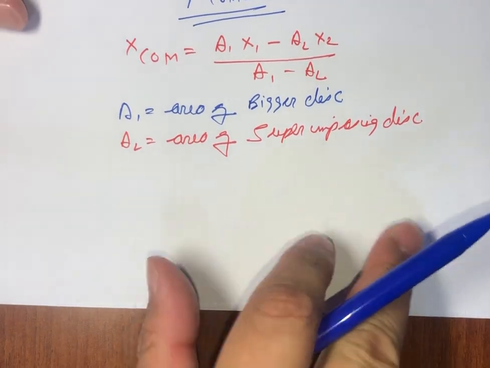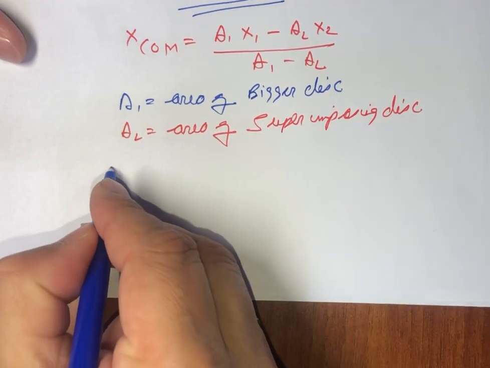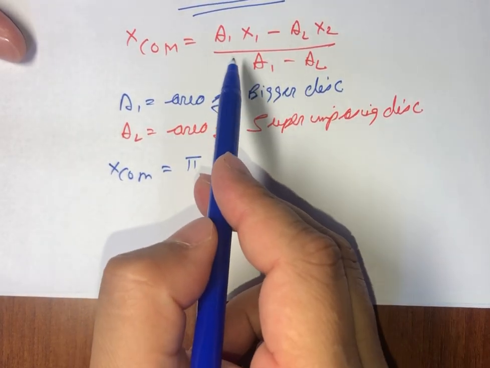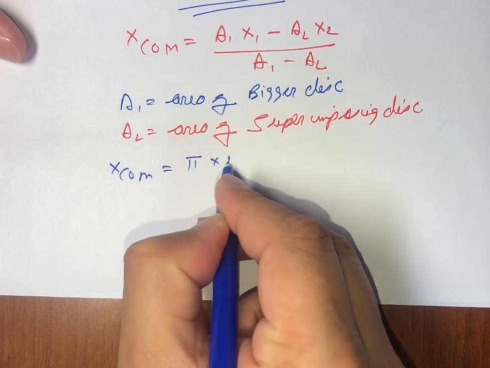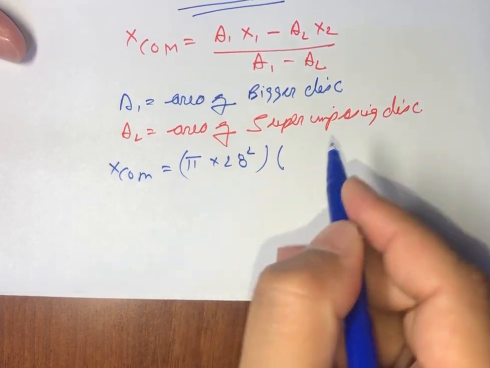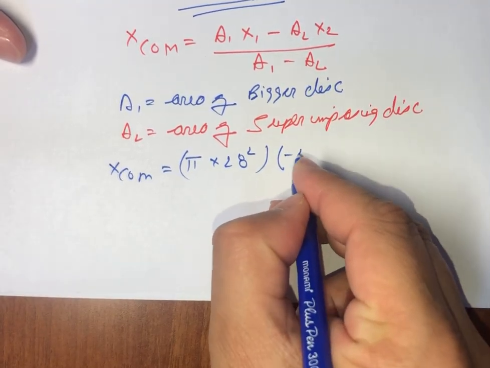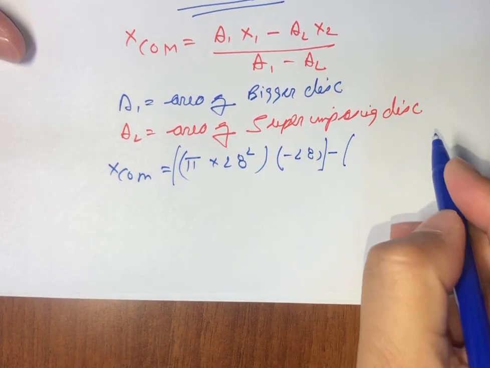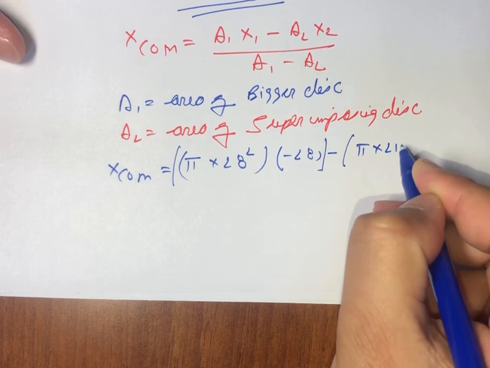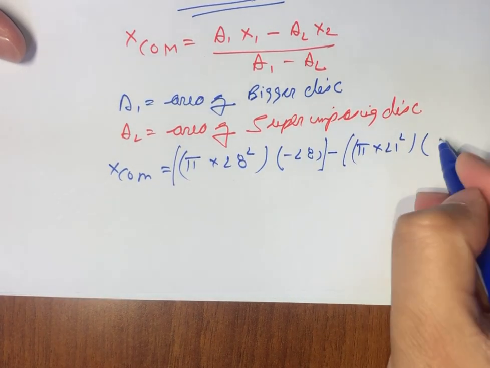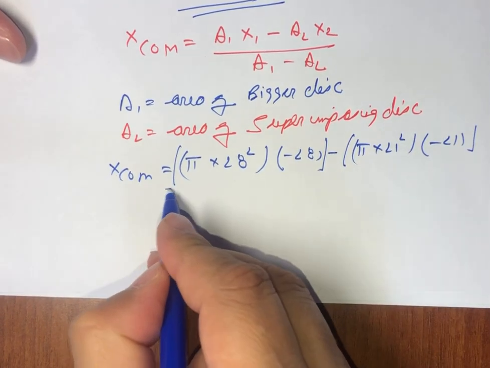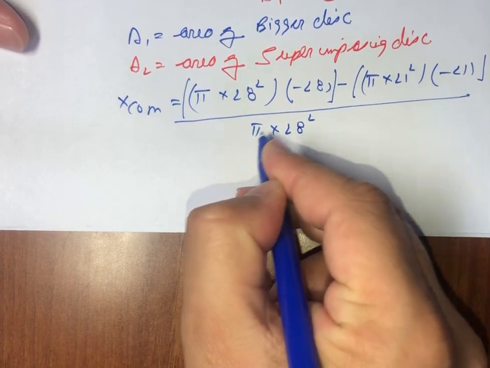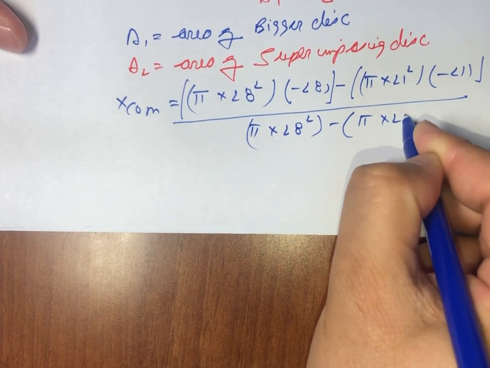So if we substitute the values, we get our x center of mass is equal to area is pi and its radius is given as 28 square multiplied by x1. x1 coordinate is minus 28, minus a2, which will be equal to pi 21 square multiplied by minus of 21, divided by their respective areas, pi 28 square minus pi multiplied by 21 square.